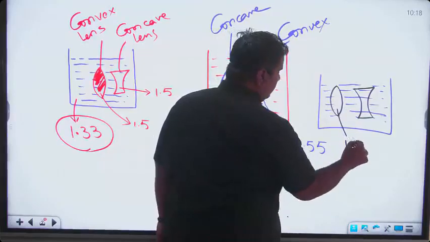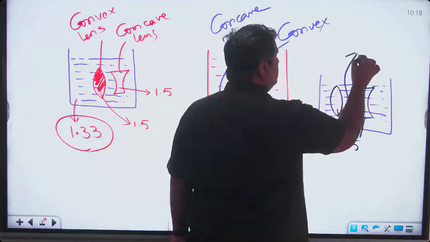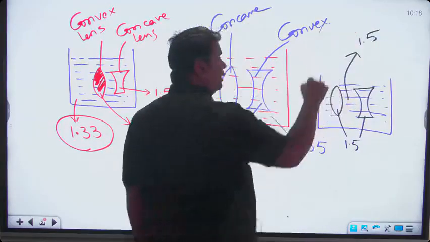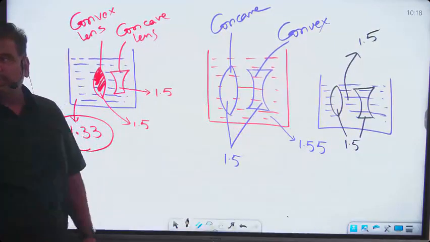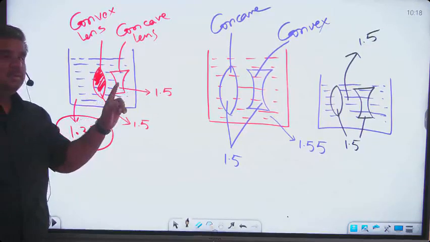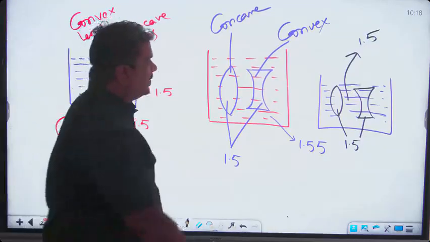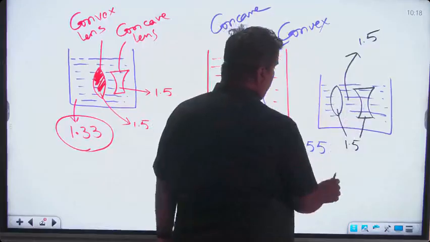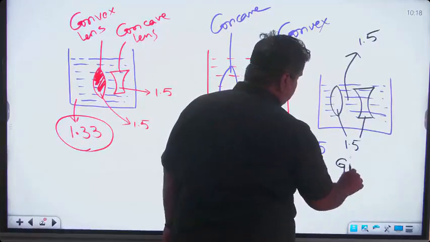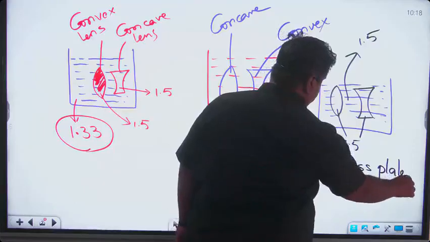Suppose the liquid has a refractive index of 1.5 and the glass lens also has a refractive index of 1.5, both are equal. In that case, the convex or concave lens behaves as an ordinary glass plate.